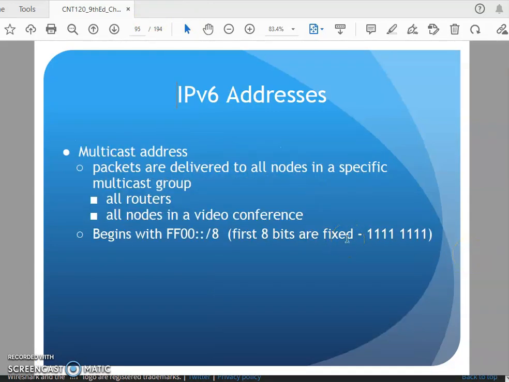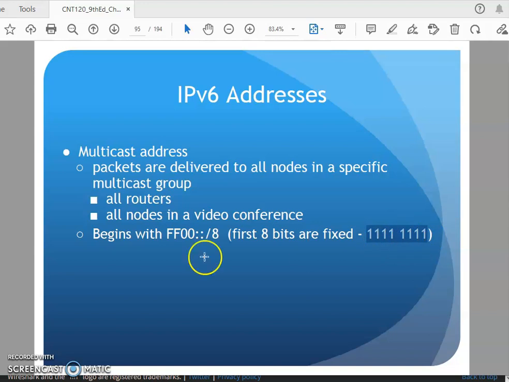There is also a multicast address for IP version 6. Some of our routing protocols we deal with, and again, multimedia type things, might be using a multicast address. This is going to begin with FF00, and if you look here, it's kind of like broadcasting with the 255 kind of deal.